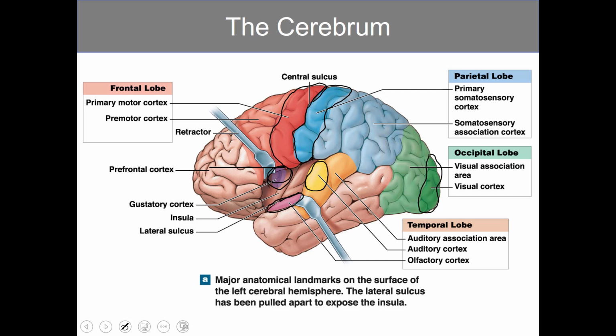And now we've mapped out some other areas or real estate within this cerebral cortex, looking at the visual cortex back here, and of course the auditory and olfactory cortexes and the gustatory cortex. So we're slowly filling in this map to understand how the cortex works, or what functions the cortex undertakes.